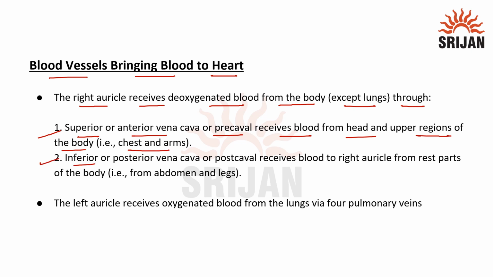Second, the inferior or posterior vena cava or postcave receives blood for the right auricle from the rest of the body, that is from the abdomen and legs. The left auricle receives oxygenated blood from the lungs via four pulmonary veins. So these were the blood vessels which are bringing blood to the heart.